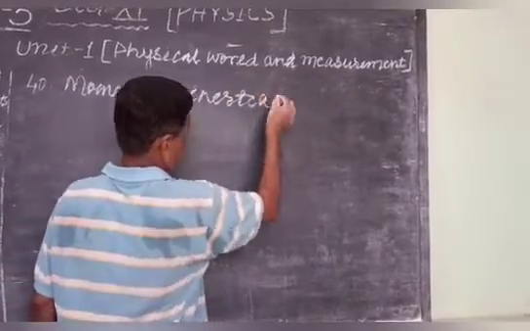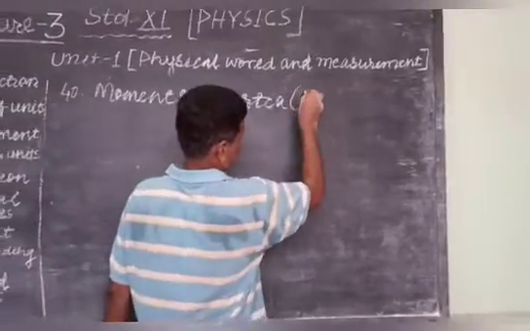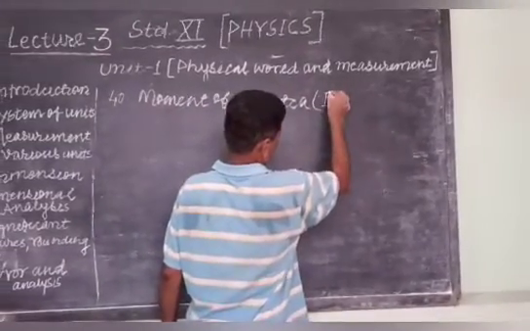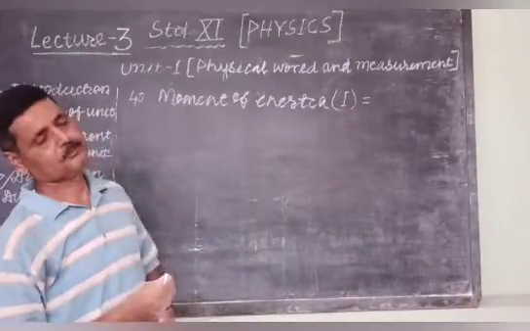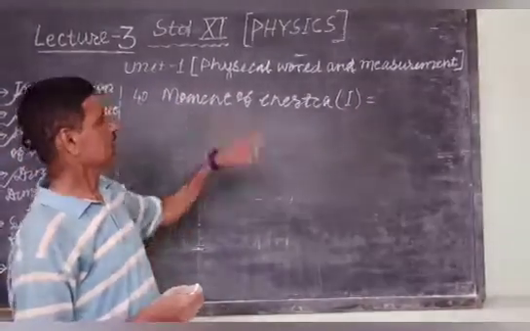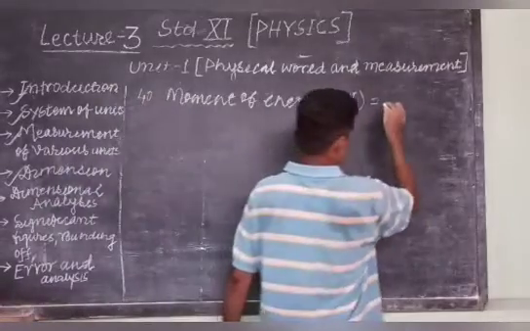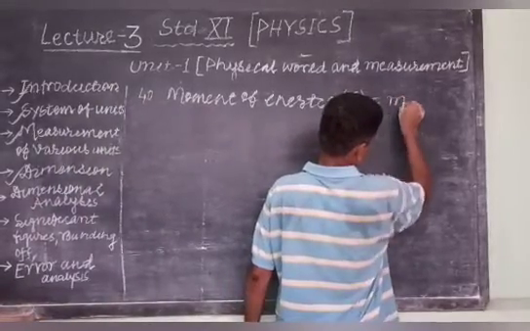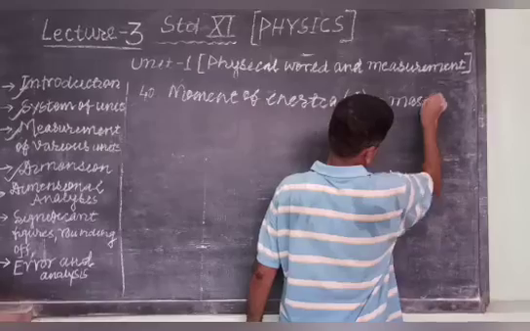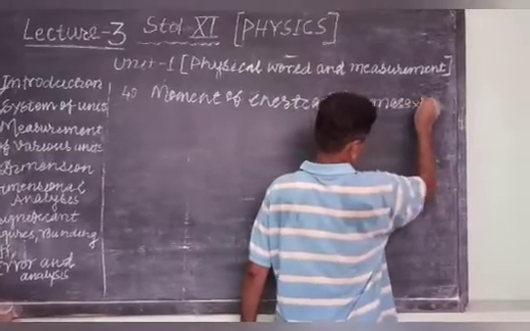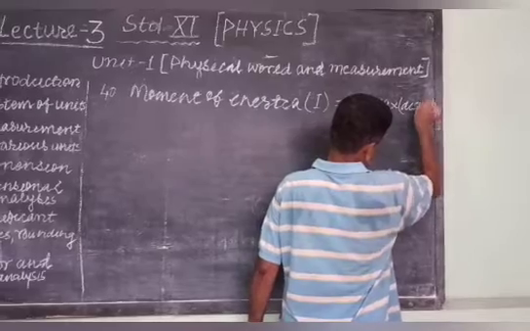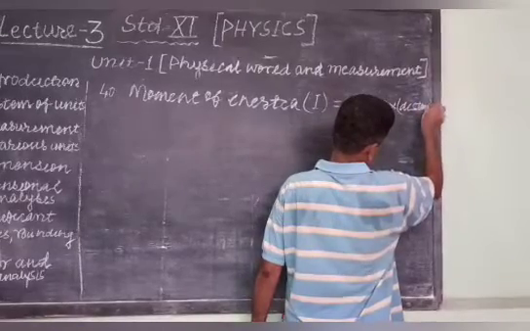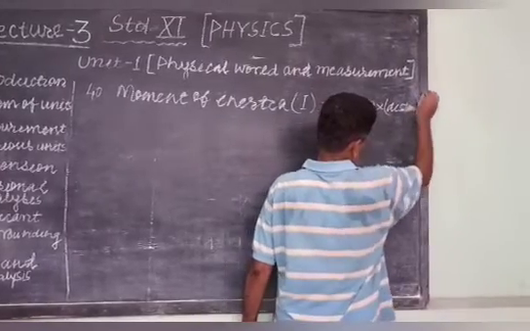Moment of inertia is denoted by capital letter I. There is a formula for moment of inertia: we can write it as the product of mass and the square of the distance, mass into distance square.